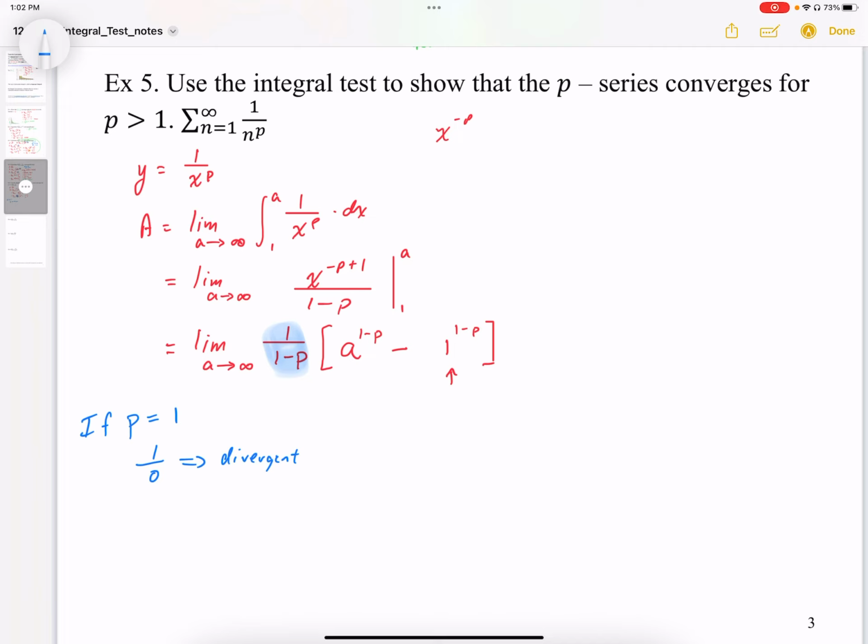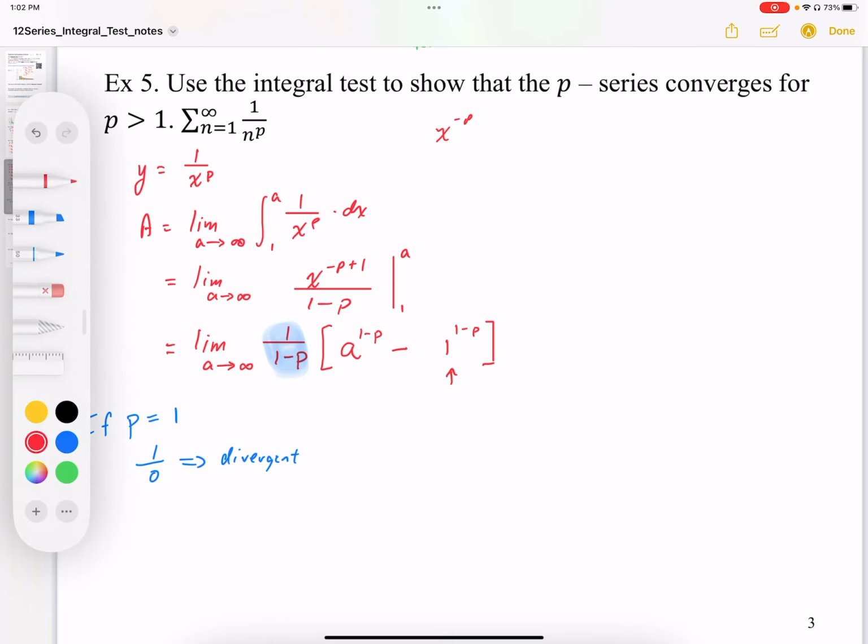Okay, so what about this other part here? We're going to fill this in and do the next step. I'm going to plug in my infinity, so I get 1 over 1 minus p, and I get infinity to the 1 minus p, minus 1.